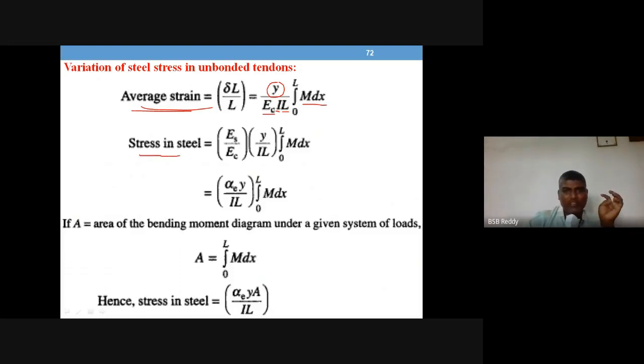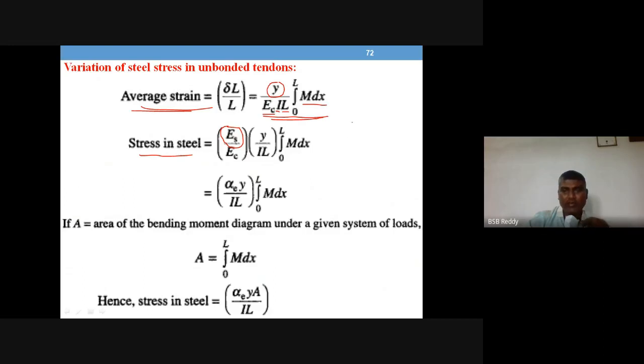So stress in steel, if you want, this is strain in concrete. Similar strain is possible in steel also. So stress in steel is Young's modulus of steel multiplied by the strain.